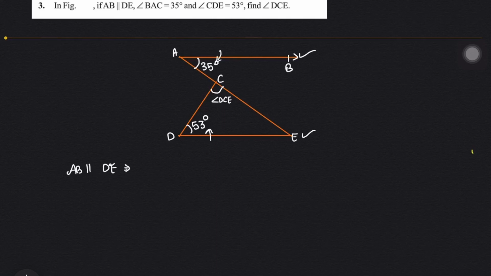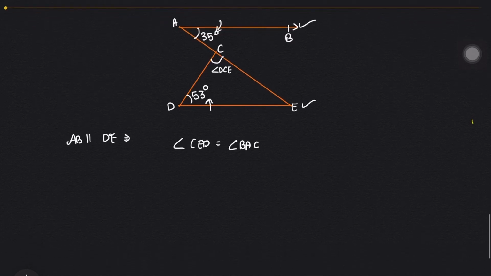That means angle CED is also equal to angle BAC, so the value is equal to 35 degrees. This value is also 35 degrees, and we need to find angle DCE. So it's very simple.